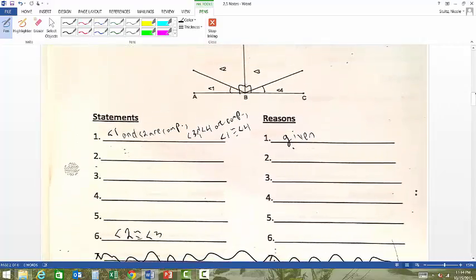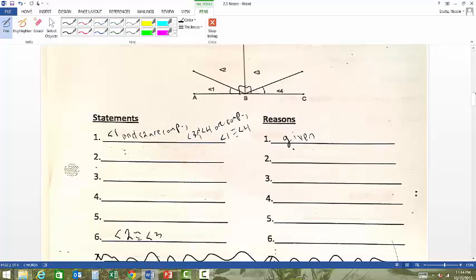An equation, because I need to get 2 and 3 on opposite sides of an equals as my last step. And one equation I could make is I could say that angle 1 plus angle 2 equals 90. And I could also say angle 3 plus angle 4 equals 90. Now the tricky part is figuring out the reason that we're writing that.